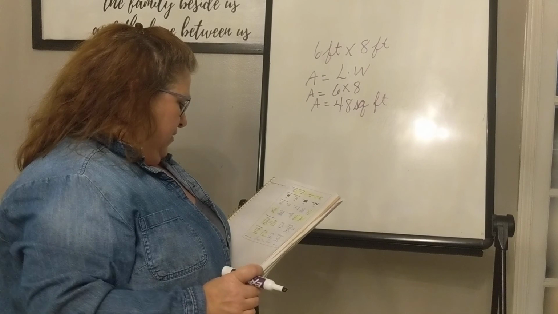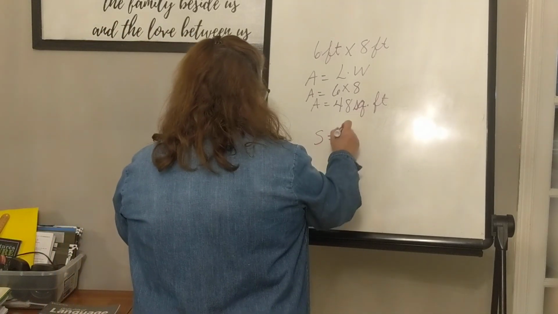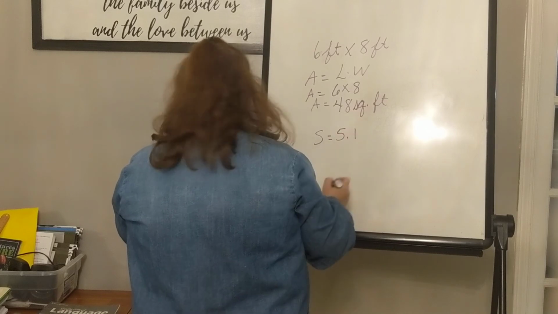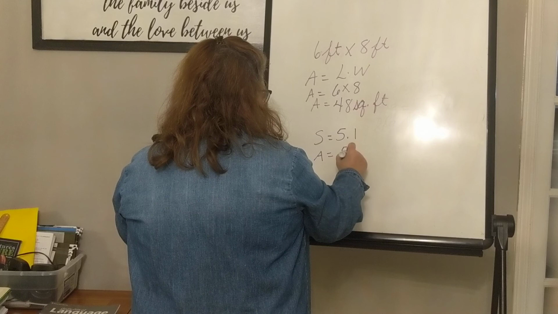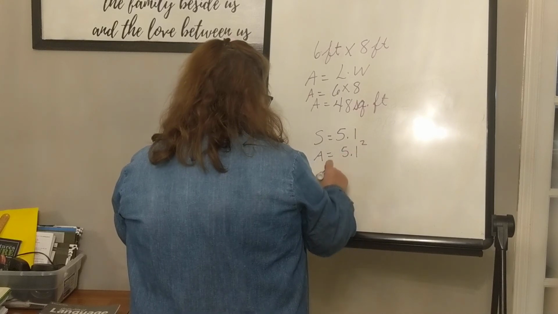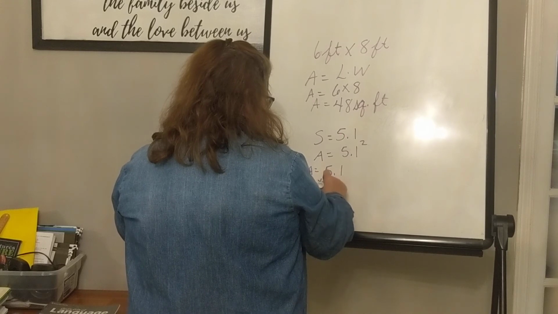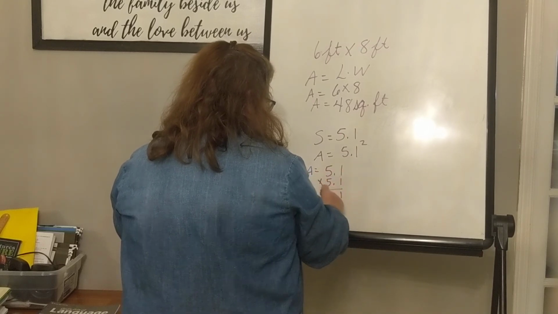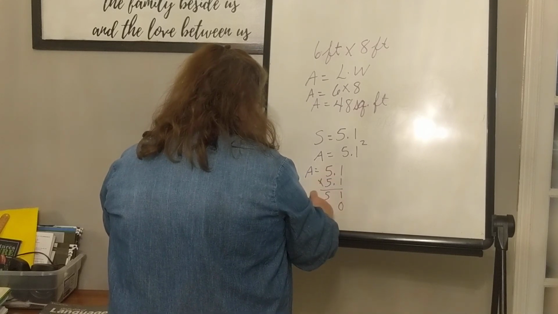Okay? And then the area of a square with the side 5.1. So this will be area equals 5.1 squared. So area equals 5.1 times 5.1. 1 times 1 is 1. 5 times 1 is 5. Put a 0 in the ones place. 1 times 5 is 5. 5 times 5 is 25.